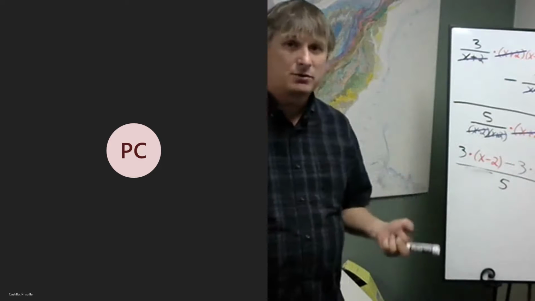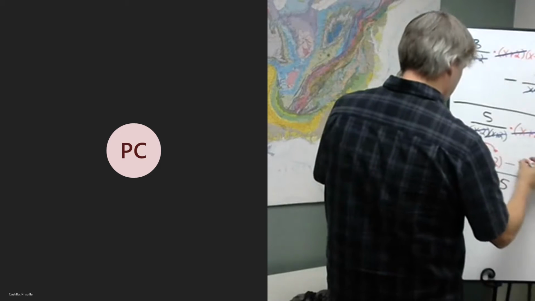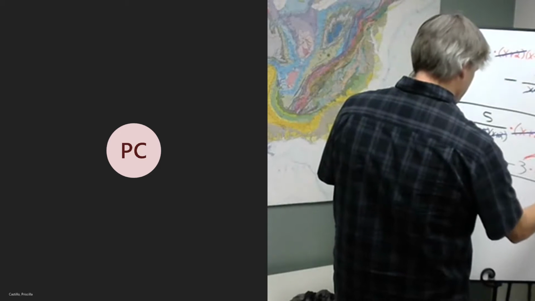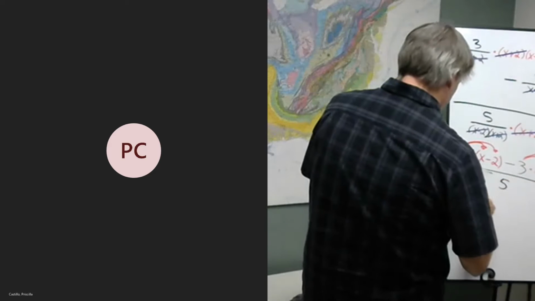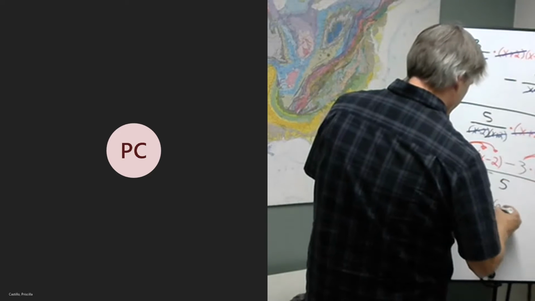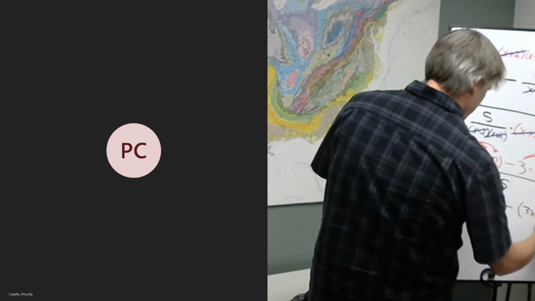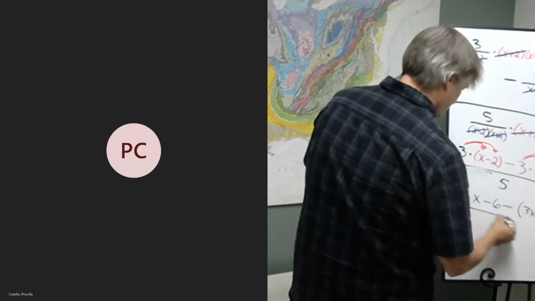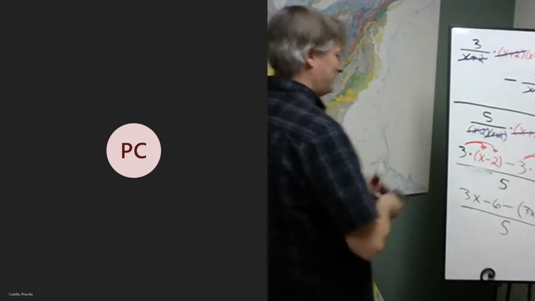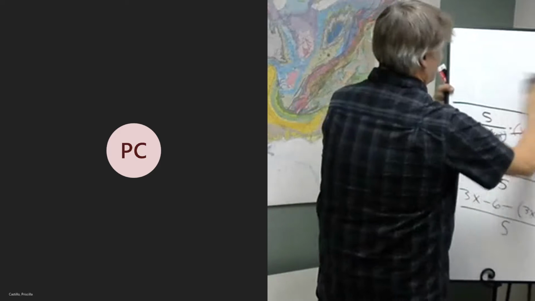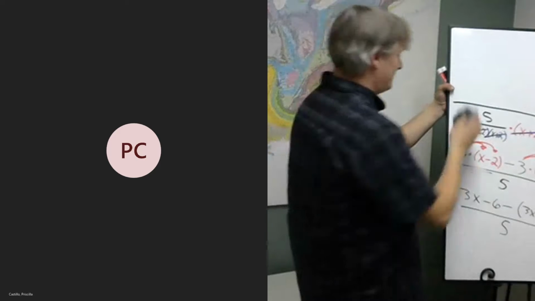So what we're going to do, we're going to distribute these 3's. If we do that, we get 3x minus 6 minus 3x plus 6. Now, in the distribution, you could have distributed the minus also if you wanted to.